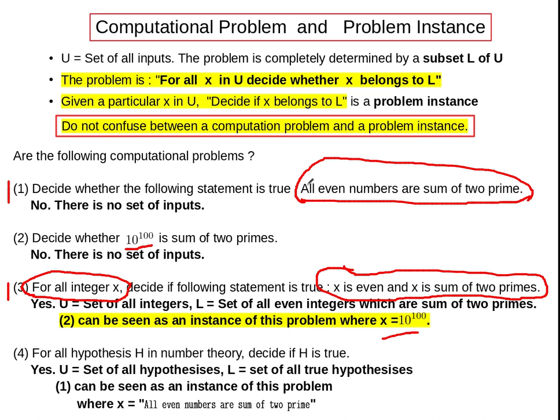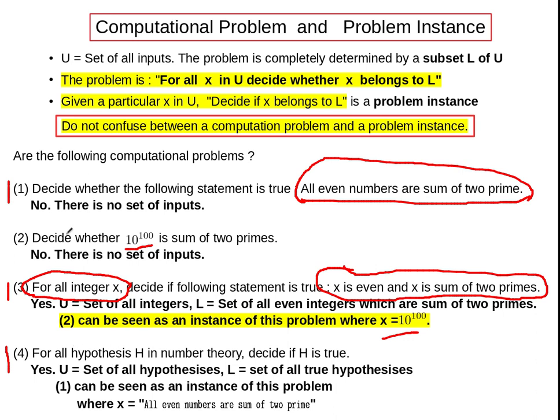So this is interestingly a computational problem. Here the universe of input is the set of all hypotheses, and the L that we are talking about is the set of all true hypotheses. You are given an element in U, and you are asking whether that element belongs to L or not. And now you see that this one can be seen as a problem instance of this computational problem.